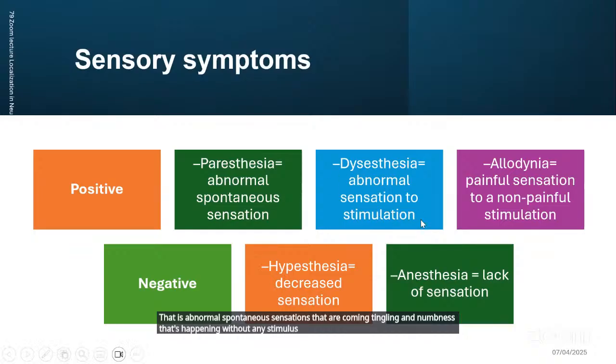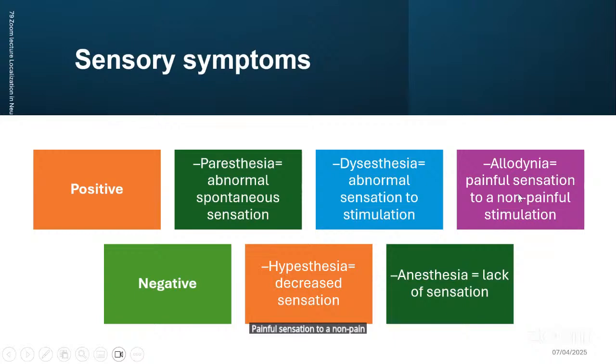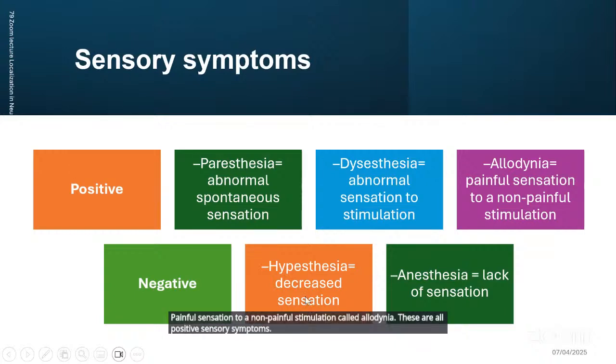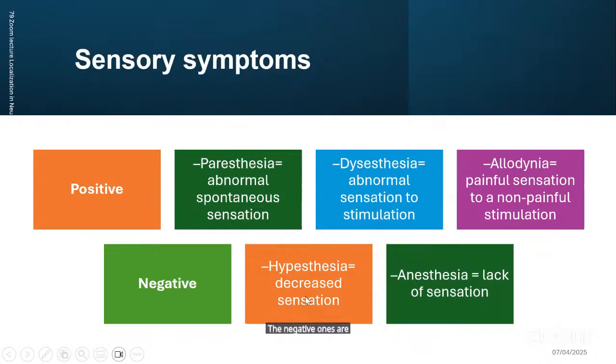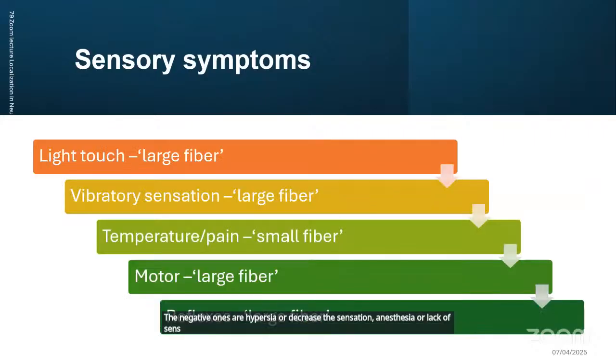Abnormal sensation to stimulation is dysesthesia: you touch and there will be pain. Painful sensation to a non-painful stimulation is called allodynia. These are all positive sensory symptoms. The negative ones are hypoesthesia or decreased sensation, and anesthesia or lack of sensation. These are the sensory symptoms.